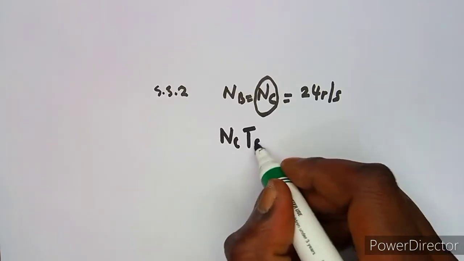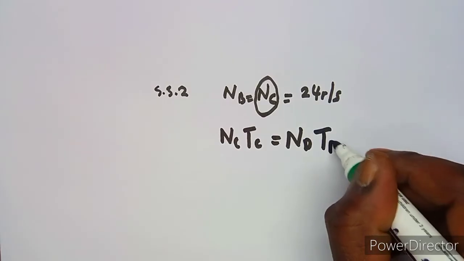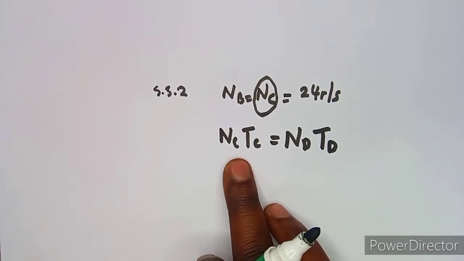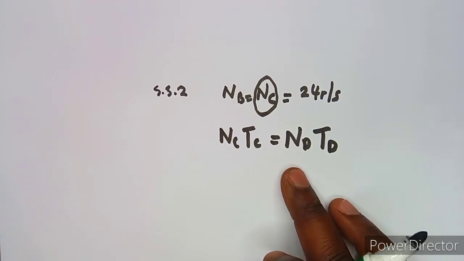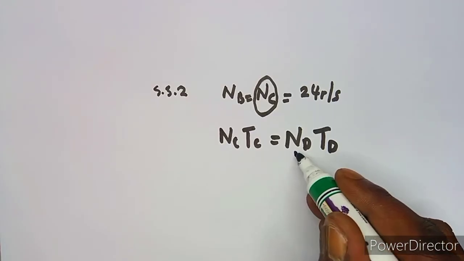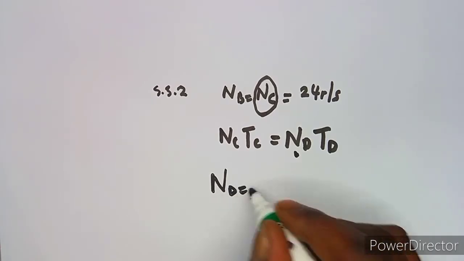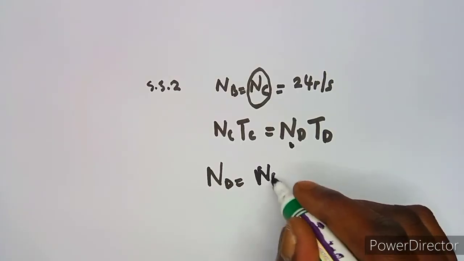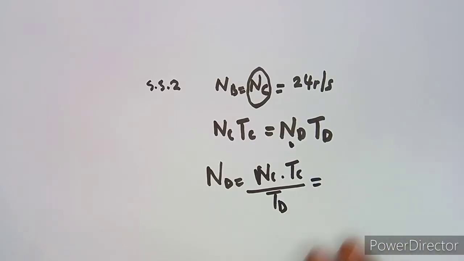NC times TC should be equal to ND times TD. As long as there's a driver and a driven, the product of the rotational frequency and the number of teeth is going to be equal. Since we need D this time, you make ND the subject, so you divide by TD. So ND is going to be NC times TC over TD.